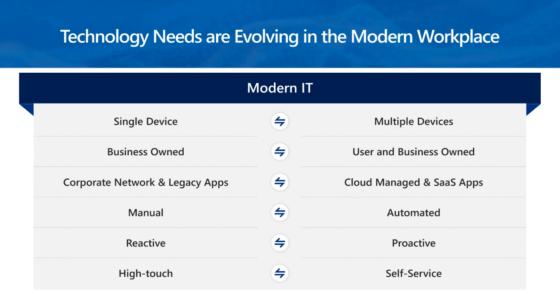And we see here that more and more customers and more users are bringing a single device, right? There are some users that are using multiple devices. There's business-owned device, and there's also user and business-owned applications. There's a lot of conflicting, a lot of overlap, and how do you manage that overlap, right?